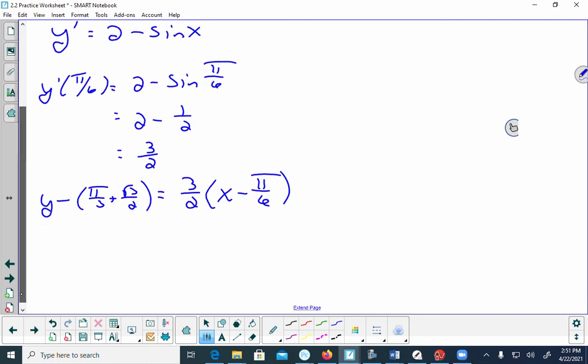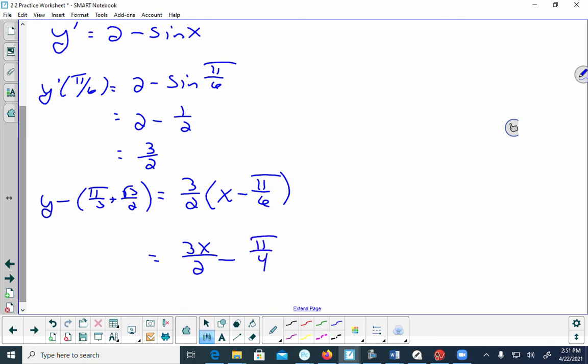So when I do this, I'm going to have 3x over 2 minus, and then the 3's will simplify, and I'm left with pi over 4. And then I'm going to add this whole quantity, this pi over 3 plus the square root of 3 over 2, to both sides.